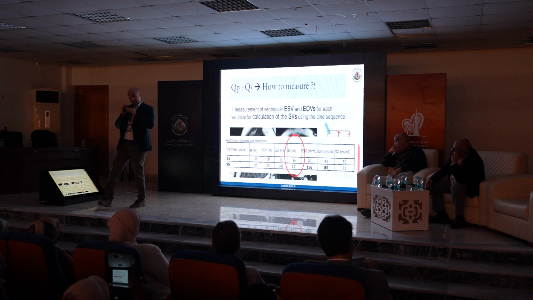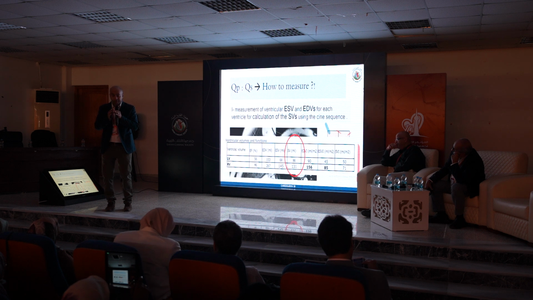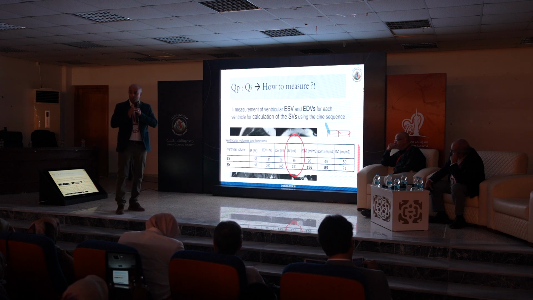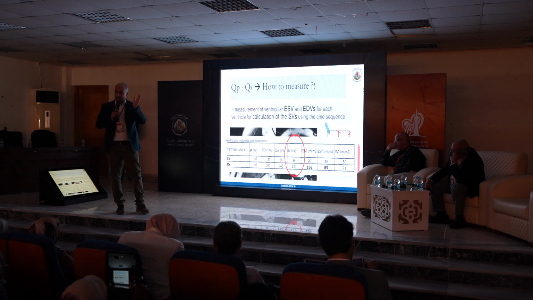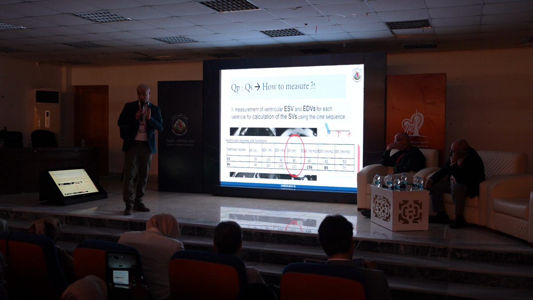I mean by stroke volume, in this case, the blood pumped by the left or right ventricle. Okay? Maybe this blood goes to the circulation, or regurgitates via the mitral or tricuspid valve, or goes to the shunt.